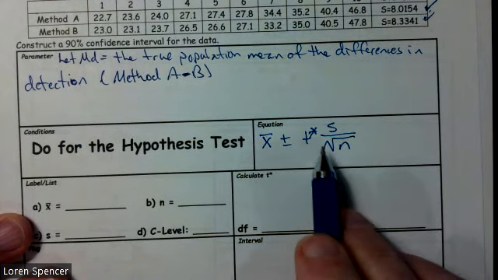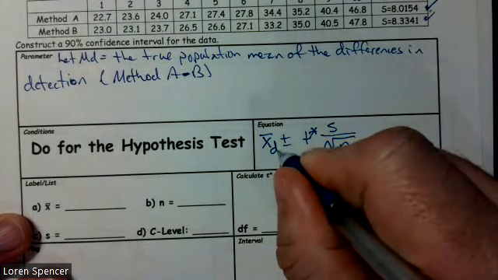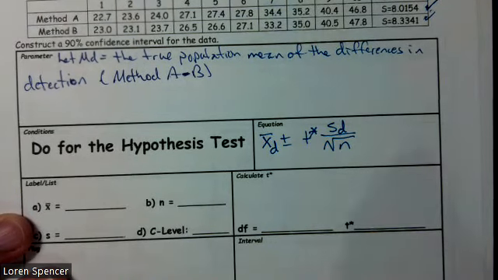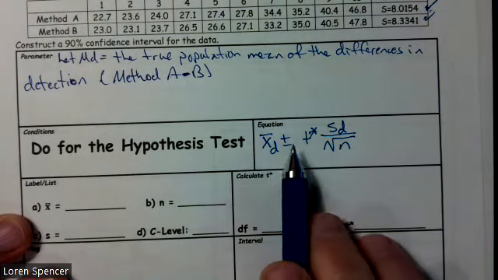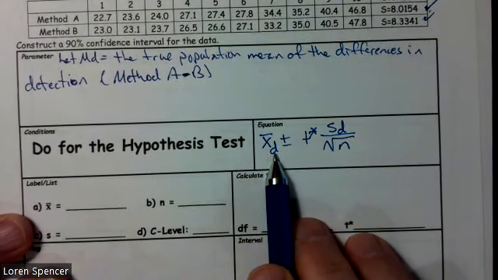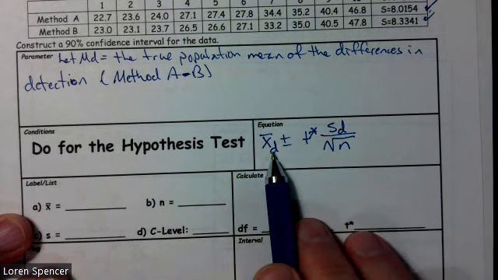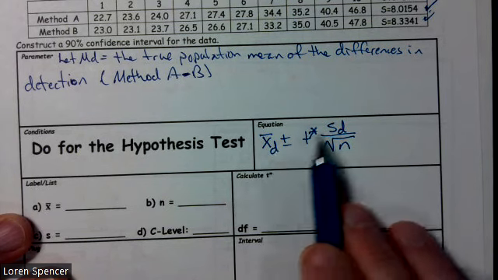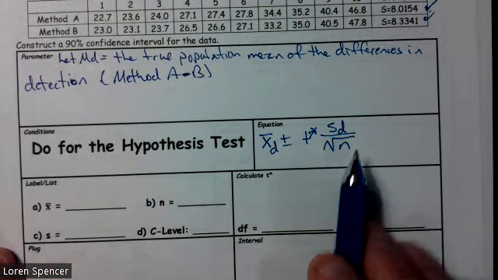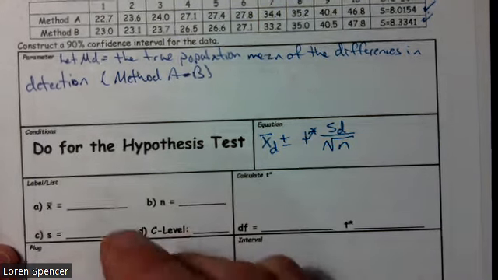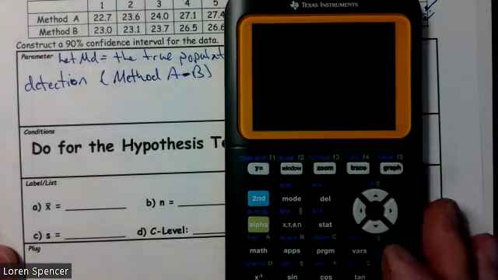Well, this is my standard form, but I need to add a couple d's to it because it is paired, and that shows the sample mean of the differences, the standard deviation of the differences. So x d bar equals, well, what did x bar equal?